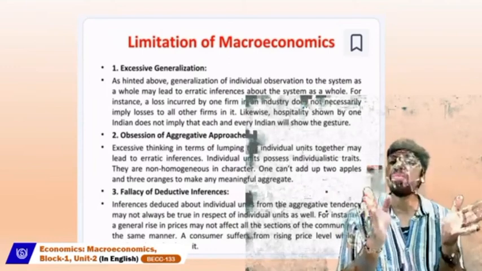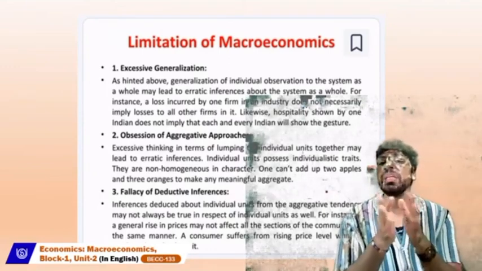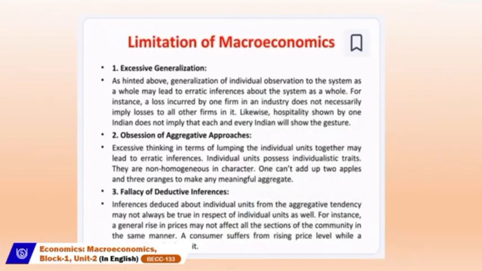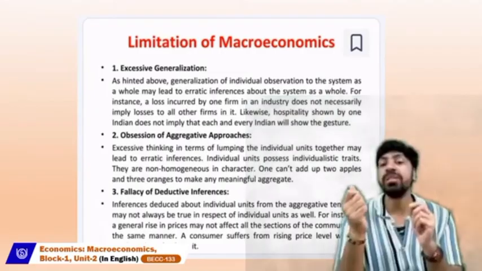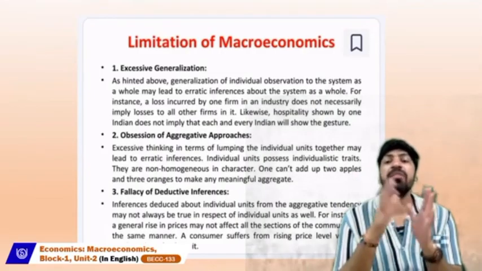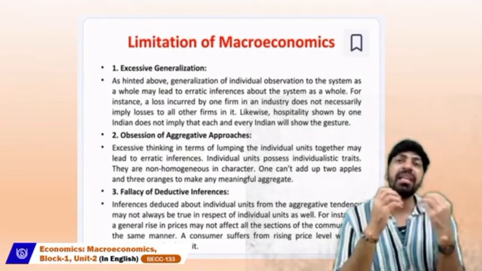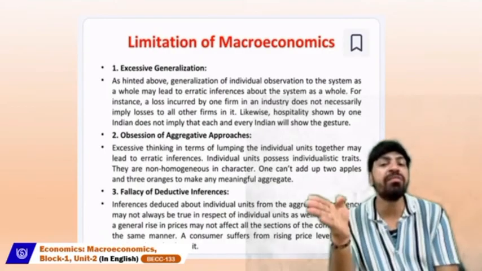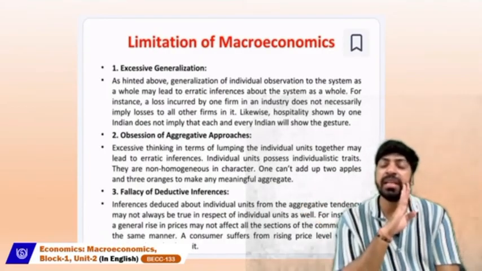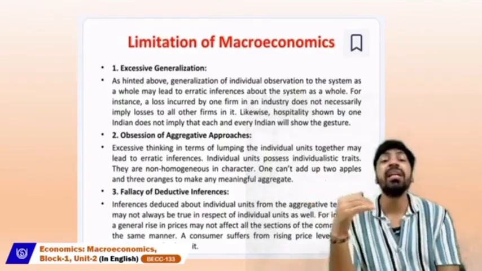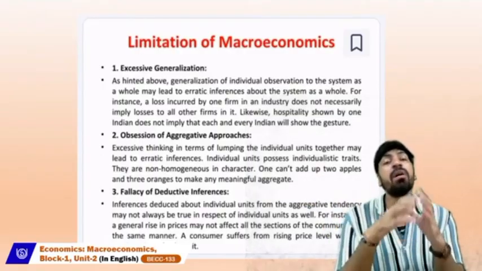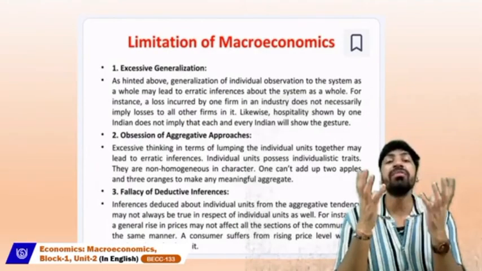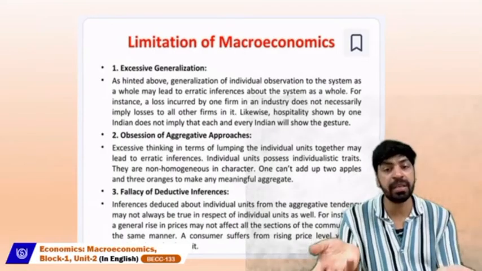So if there is any situation, the individual observation leads to conclusions about the system as a whole. For example, if one firm in an industry incurs a loss, it does not necessarily mean that all the other firms incur losses.